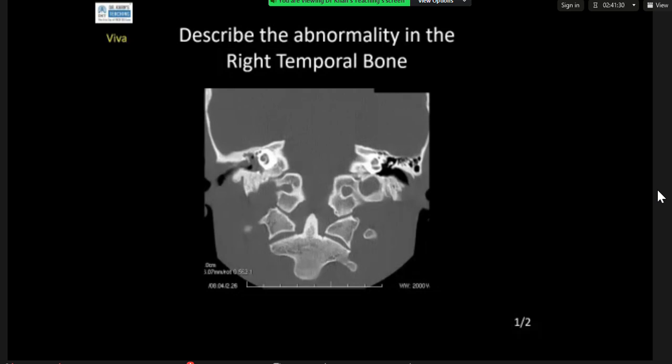And it looks like the tegmen tympani, which is the superolateral part, is slightly sclerotic compared to the left side. The cochlea is sclerotic, but almost similar in density to the left side. So in summary, there is opacification of the inner ear with destruction of the ossicles.